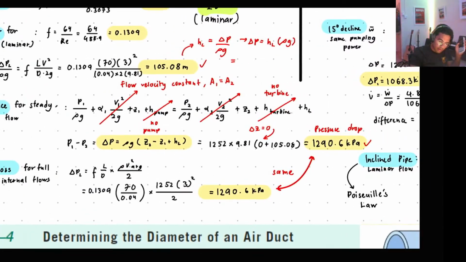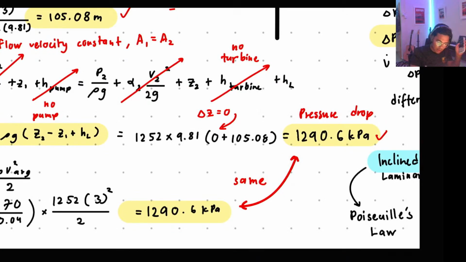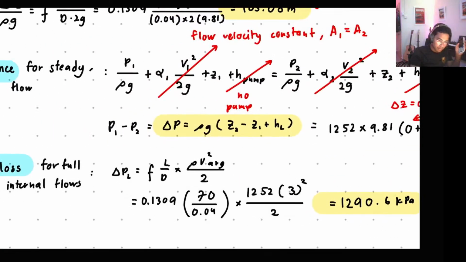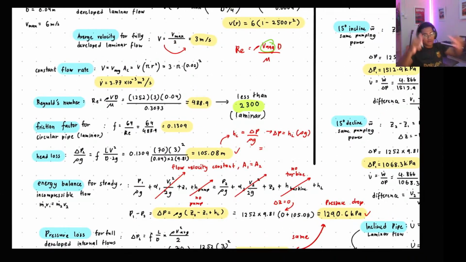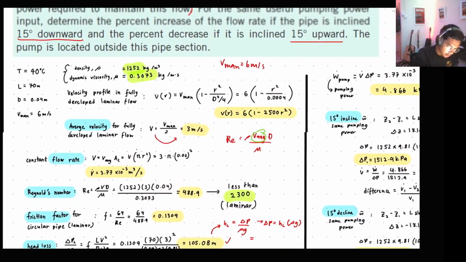Okay. So dapat sama juga 1290.6. Okay, so far so good. Kita kena cari Reynolds number, friction factor, head loss, pressure drop. Benda tu kena ingat.